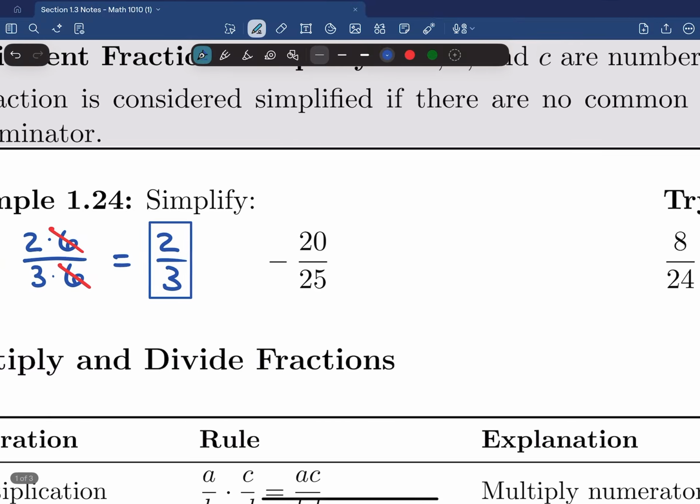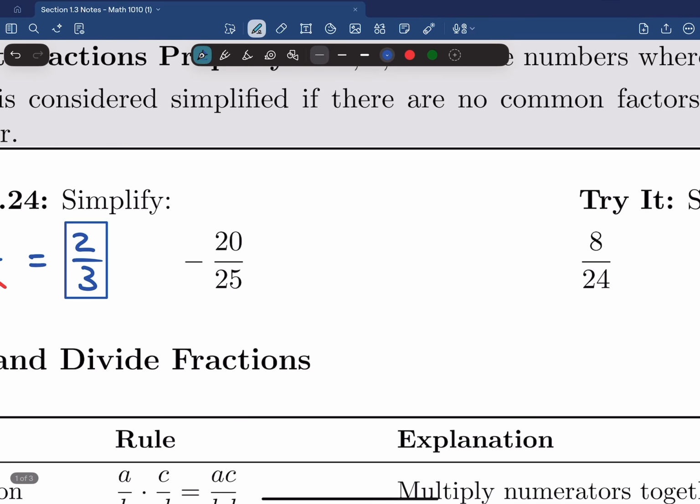Let's look at another fraction, negative 20 over 25. Fractions can be negative, so we see this negative in front of the fraction. And 20, well, it could be broken down into 4 times 5, and 25 is 5 times 5. Well, I see the common factor of 5 in top and bottom, so I cancel it.